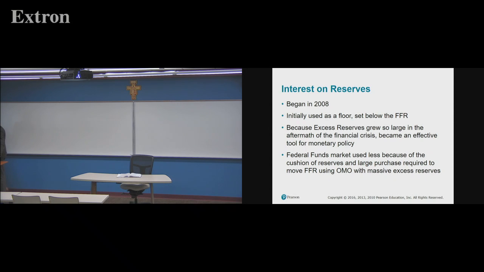Initially, the idea was that interest on reserves would be used as a floor. So it's set below the federal funds rate, just to set the floor, like we talked through, I don't know, probably like 3 weeks ago now.